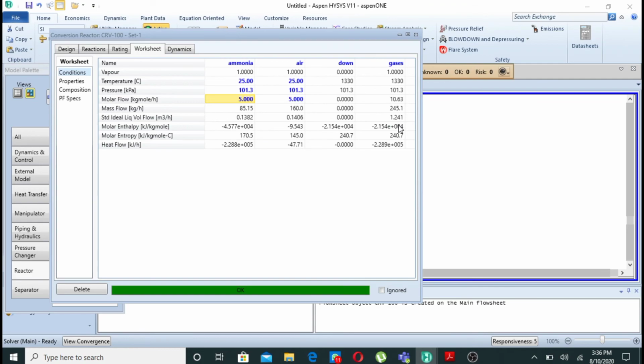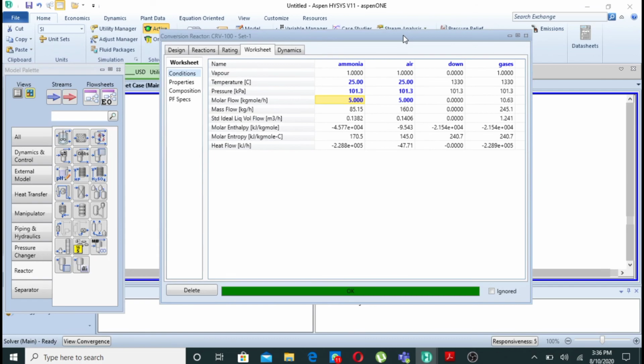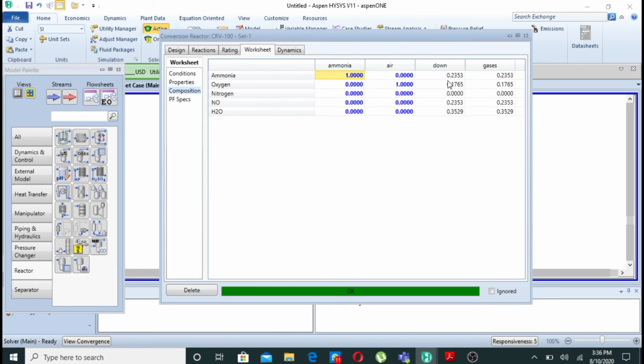So you can see that, okay, now your question has been solved by Aspen HYSYS. The important thing we always want to see is the composition in the flue gas. So you just click this composition, and in this you can see that all the compositions are given to us.